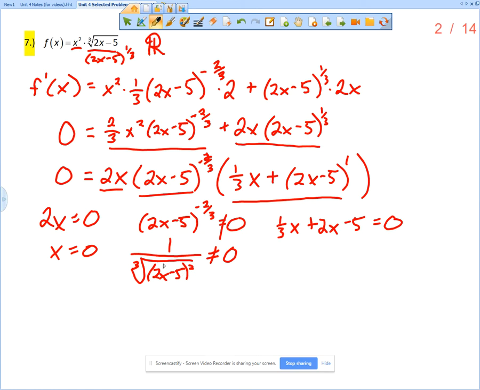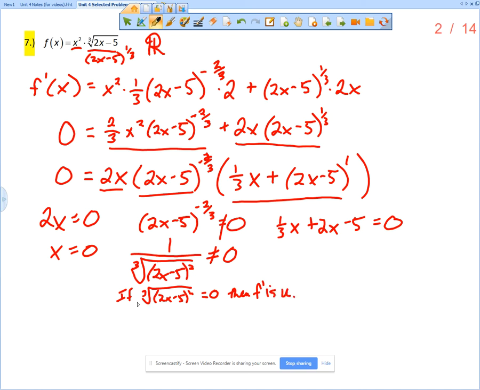So obviously 1 can't equal 0, but this thing would be undefined. You want to write yourself a little note: if the cube root of the quantity 2x minus 5 squared equals 0, then f prime is undefined.